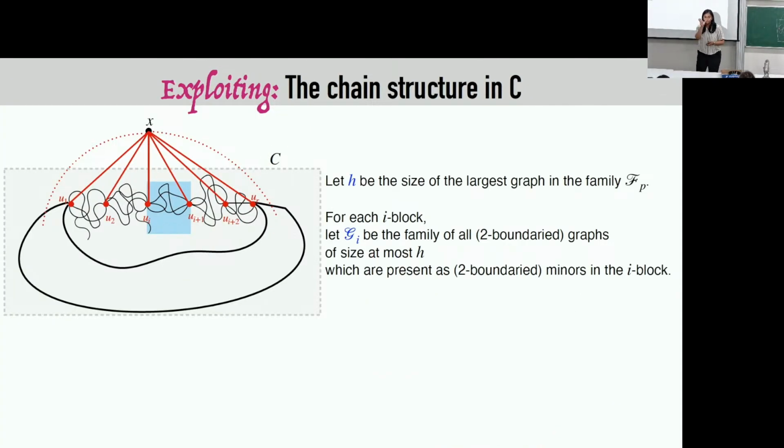GIs. For each block you have a GI. How many different GIs can you have? It's a constant. It's a double exponential constant, but it's a constant. So the induction is based on how many different GIs you can have. If the chain is long enough, very very long, then you partition the chain into consecutive pieces, large enough consecutive pieces.